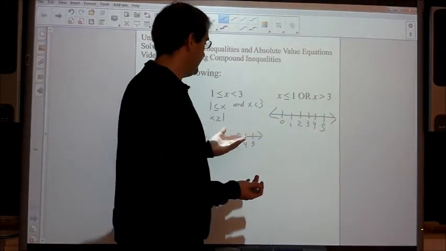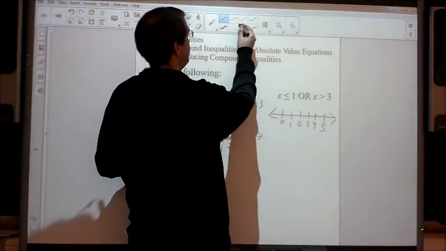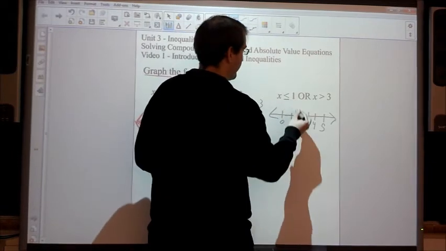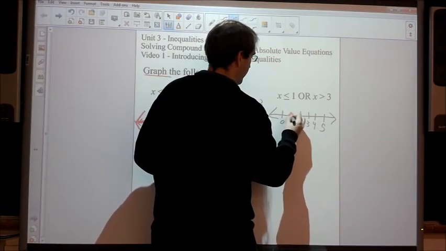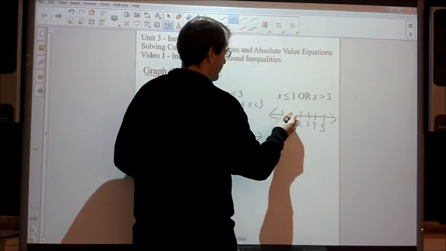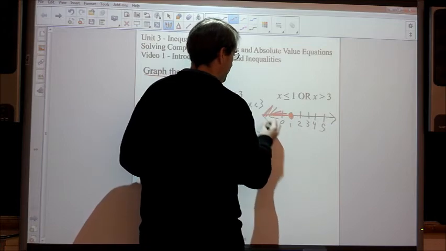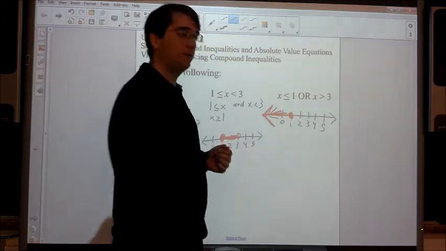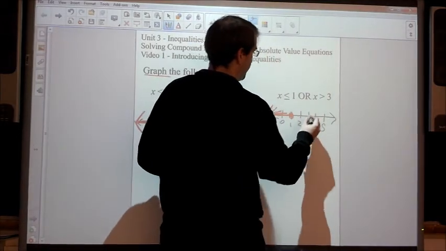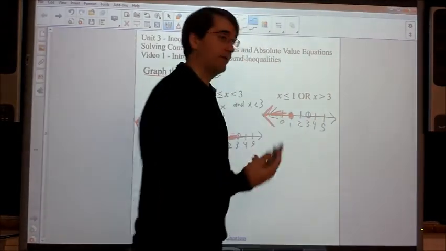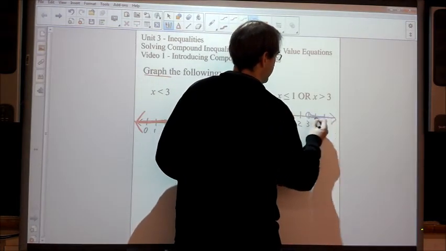So what that means is, the circles aren't going to be connected, for one thing. It means that we just graph them individually. So x is less than or equal to 1 means I put a closed circle on the 1, and then an arrow going to the left. And then I'll do the other one in blue. x is greater than 3, open circle on the 3, because I'm not including the 3 again. And then an arrow going to the right.